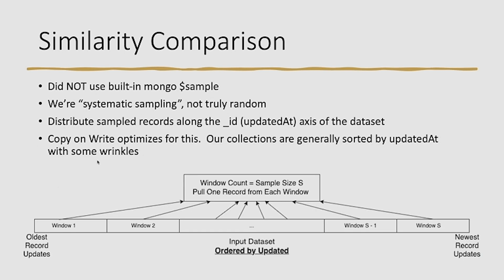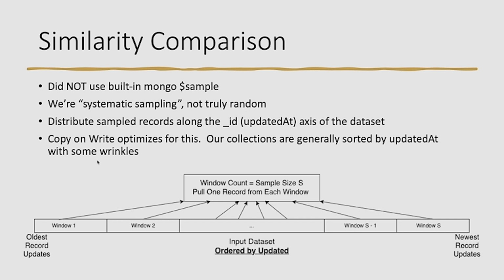We did not use the built-in Mongo sample aggregation pipeline. This isn't because I hate aggregation, although I kind of do. This is because we're more of a systematic sampling approach. So we're actually sampling records distributed along the updated at axis for an input data set to compare. Our storage is heavily optimized for reading in this way, and it also gives clients a very good view of differences along the timeline of an input data set, right?